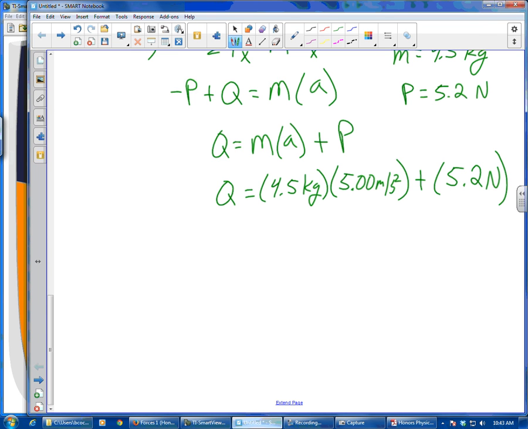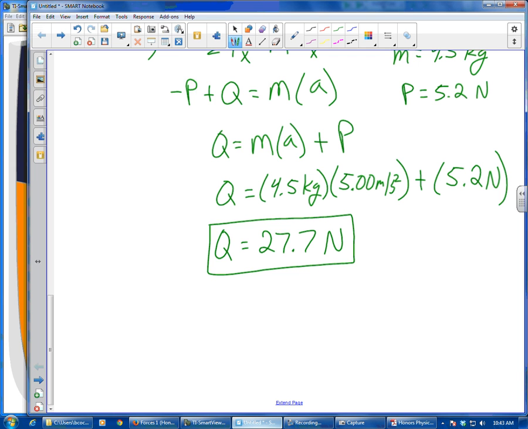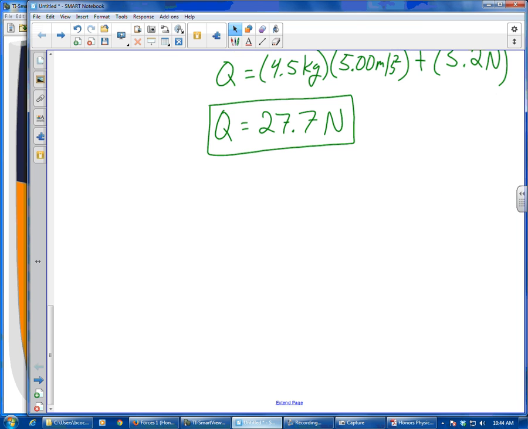So I end up with Q equals 27.7 newtons. All right. And it's positive, so I picked a positive direction. This is good. Any questions thus far before we go on to part C? No, we're good? Sure, sign up book's right there.